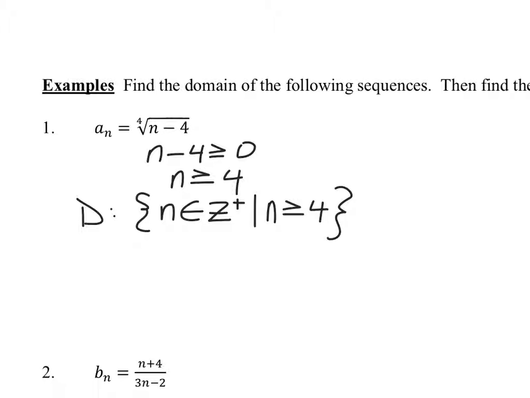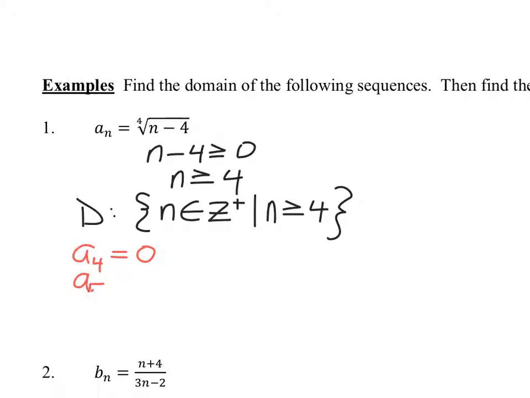Now, in terms of the first 4 values of the sequence, the domain is a key ingredient here, because if I didn't identify that my domain starts at 4, then I might try to put a value of 1 in for n. But the first value of my sequence here is going to be a sub 4, which is going to give me a result of 0.